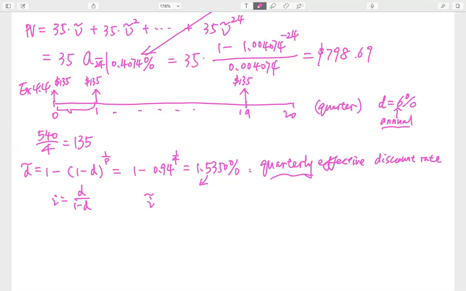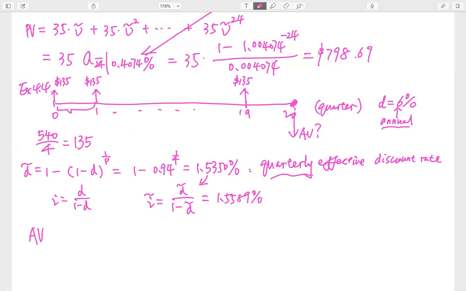Later on, we have some notation. So I tilde would be the quarterly effective interest rate. So it will be D tilde divided by 1 minus D tilde. The result is about 1.5589%.